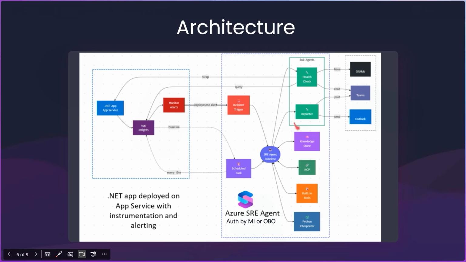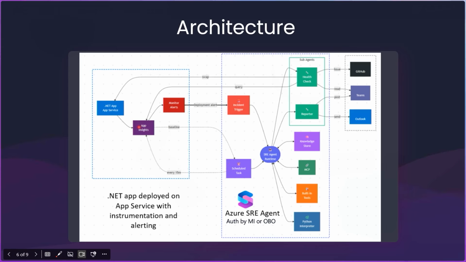So we have the sub-agent concept on the upper right corner here. And for the demo, I have 2 sub-agents created, and I'll explain what those do in a bit. But the sub-agent is the way where you give the SRE agent a custom prompt and the list of tools that you want it to use, and then connect to the different data sources and systems for you to achieve your end goal.